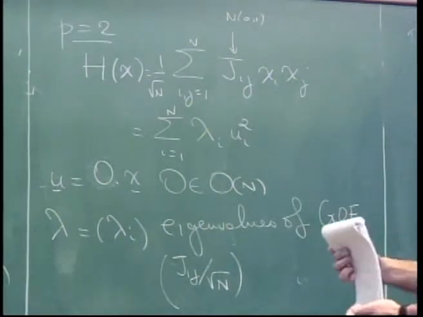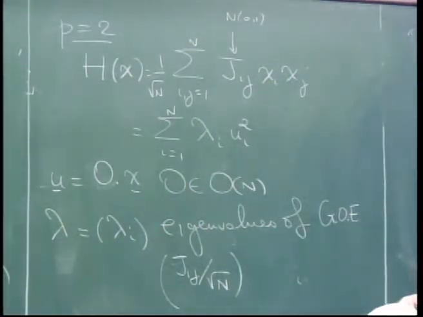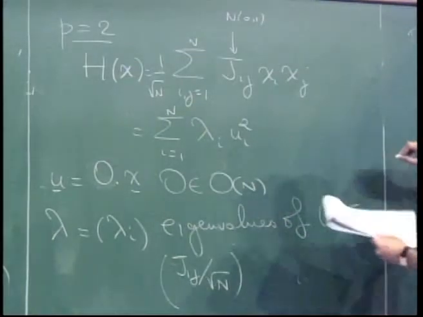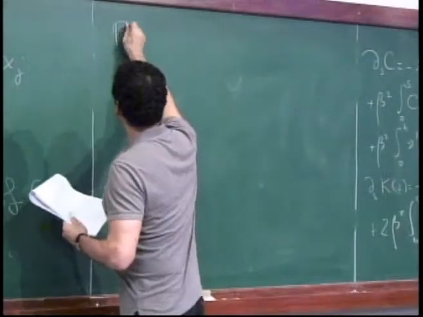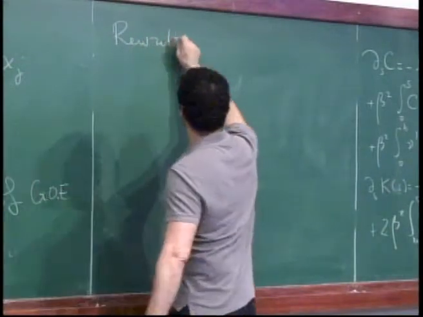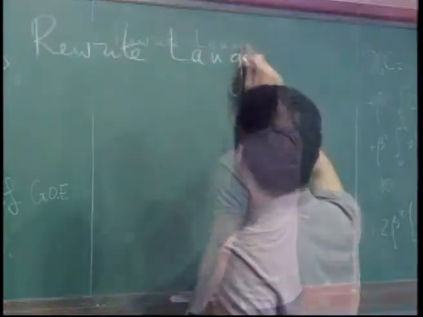So let me describe a bit more what we know in this case. Once you diagonalize like this, you rewrite the equation, the Langevin dynamics, in the new coordinates.